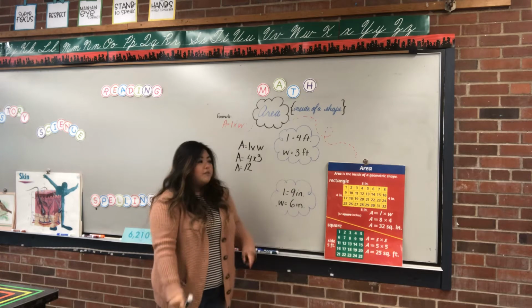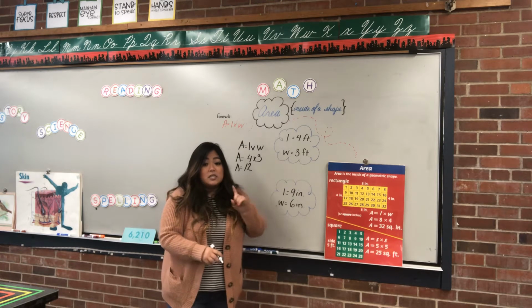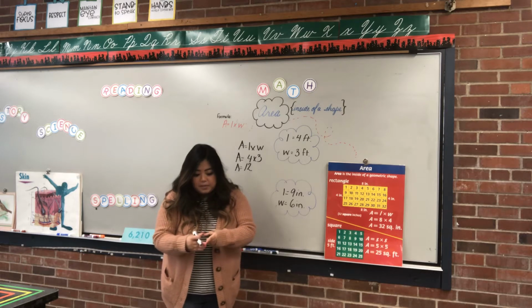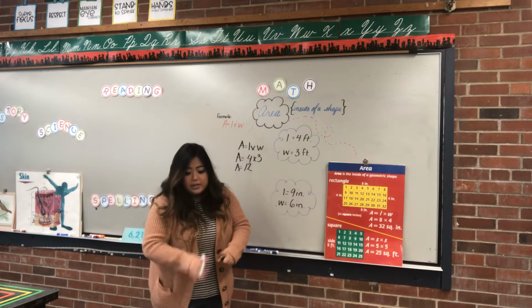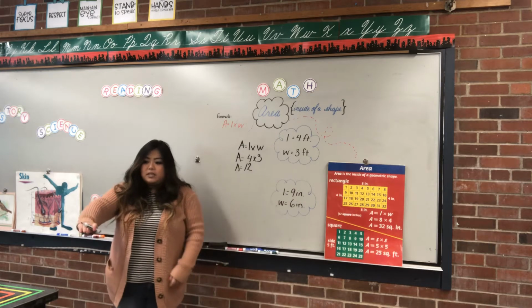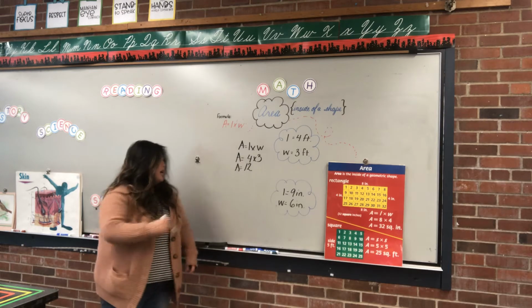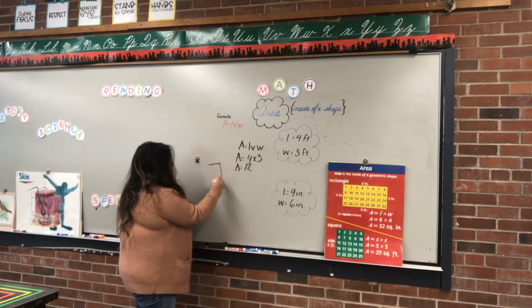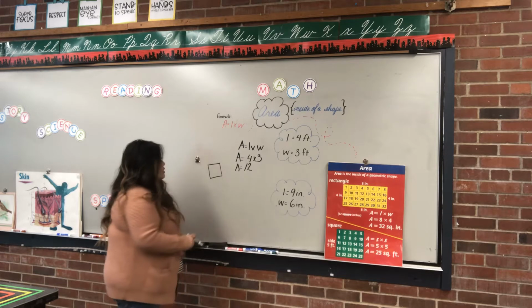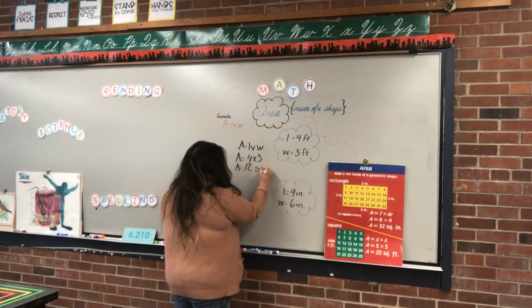Now, if you have a foot times a foot, it is a square foot, because these are all in square feet. Remember, we said it's 1 foot going this way. Each box is 1 foot by 1 foot, so it's a square. So this is 12 square feet.